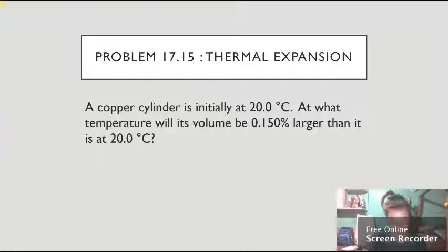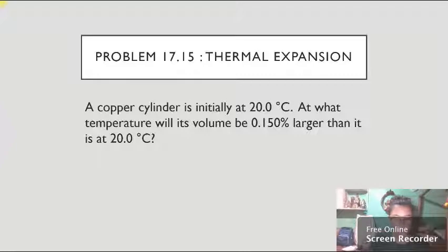For our first problem, which is about thermal expansion: a copper cylinder is initially at 20 degrees Celsius. At what temperature will its volume be 0.150% larger than it is at 20 degrees Celsius? So we're going to look for the temperature in this problem.